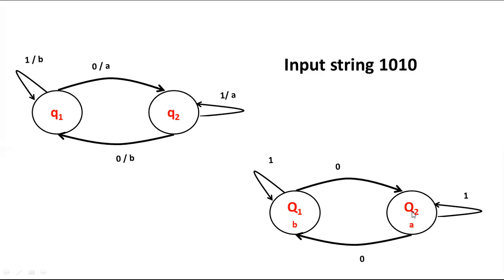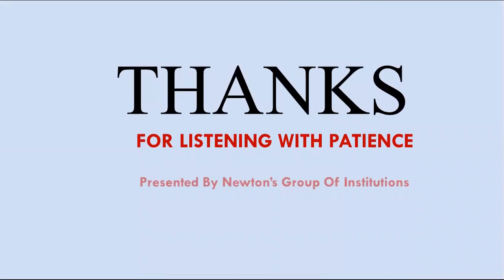So BBA. With Q2 and input 1, again A. So BBAA. With Q2 and input 0, I will be at state Q1 with B. So it is BBAAB. So here I have 4 inputs and 4 outputs in the Mealy machine, whereas I have 4 inputs but 5 outputs in the Moore machine. So that's all for now.